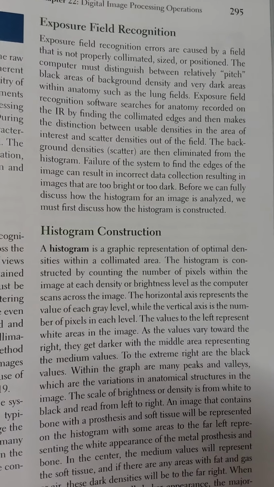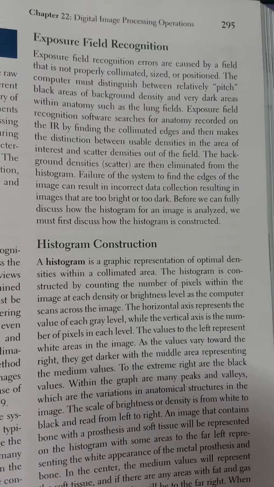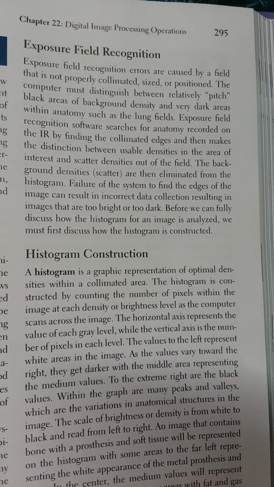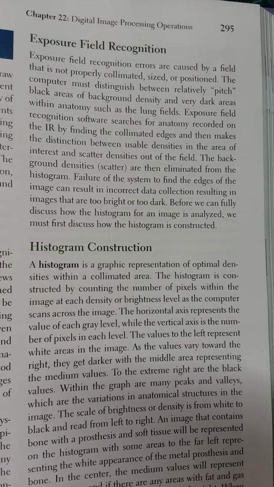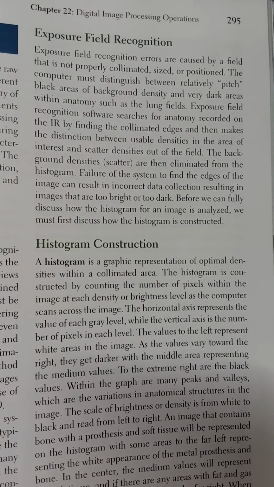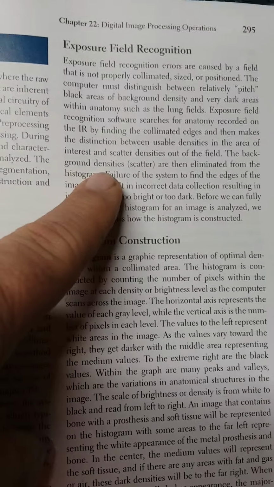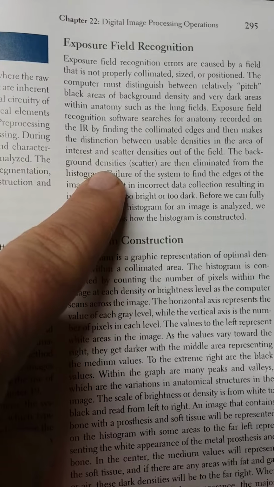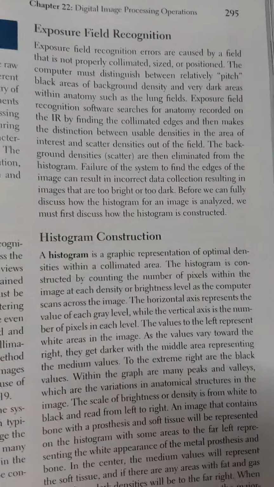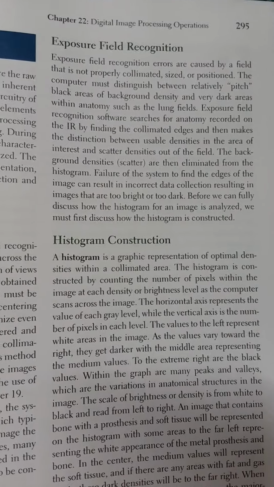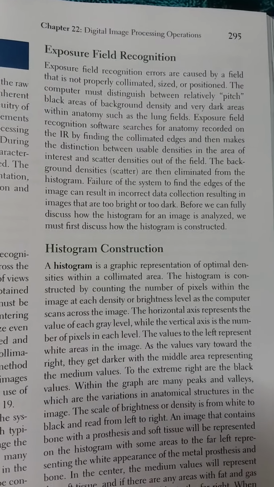You want to make sure that you're not taking an ankle x-ray and running it as a chest x-ray, because then the exposure field would not be recognized properly. And this exposure field is also very important that you have your borders collimated to the smallest area possible, or you'll have unwanted densities within the recognized area of the exposure field.